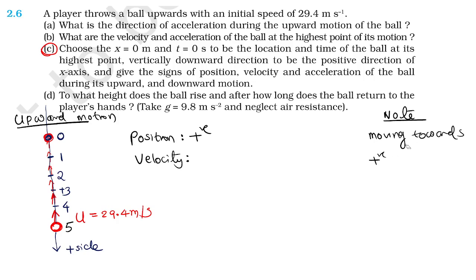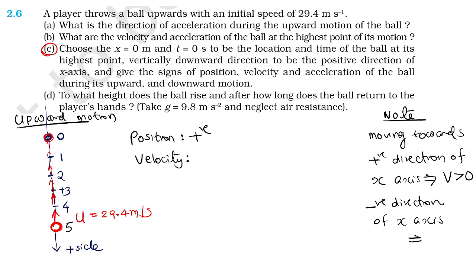A body moving towards the positive direction of x-axis, in that case velocity is taken as positive. We say that it has a forward motion. But for the negative direction of x-axis, the velocity is taken as negative. This is the way.